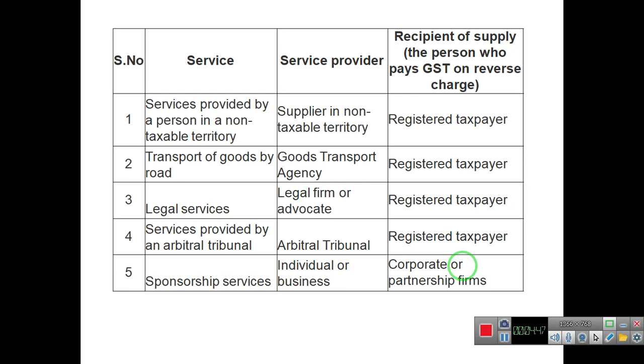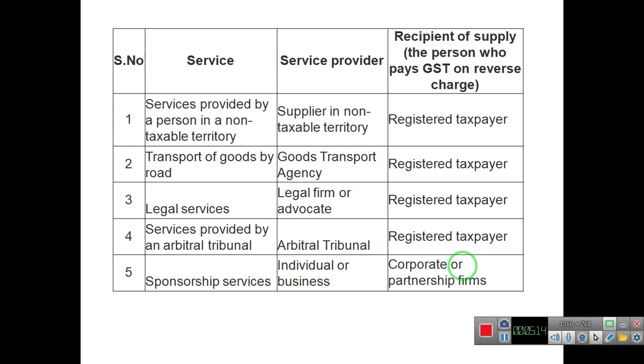If the service provider is in a non-taxable territory, the recipient of supply is liable to pay under reverse charge. In case of transport of goods by road, the service provider is a goods transport agency, but the goods transport agency is not liable to pay GST. The recipient of supply will be liable to pay GST.